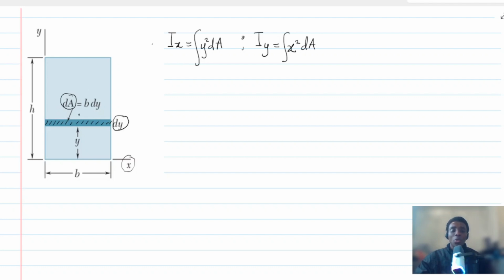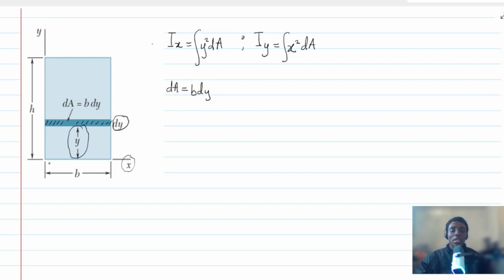Now what do we know? The actual elemental strip is a rectangle, so it takes the area of a rectangle, which is given by the length, which is b, and the thickness, which is dy. So b dy, and that is why we have dA as b dy. Also, this elemental area is assumed to be at a distance y from the x-axis.